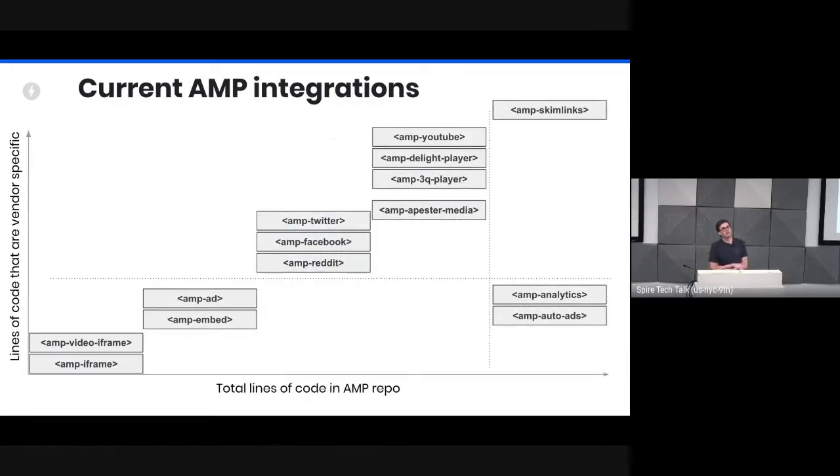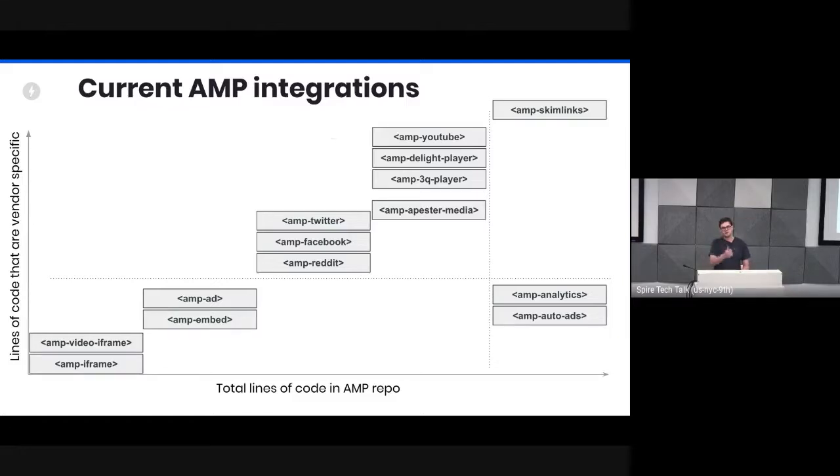Okay, so I have this graph here. This is not to scale or anything, but just general groupings I want to illustrate. It's the different ways that AMP vendors are currently integrating with AMP, basically. If I explain a little bit, the x-axis here is the total lines of code. So as you move right, it's just bigger extensions.